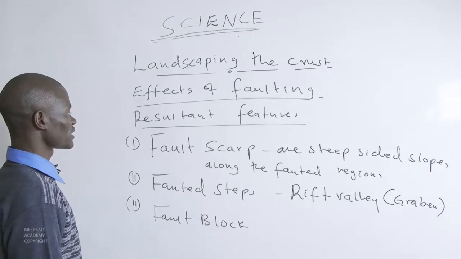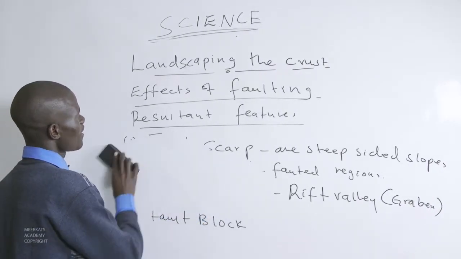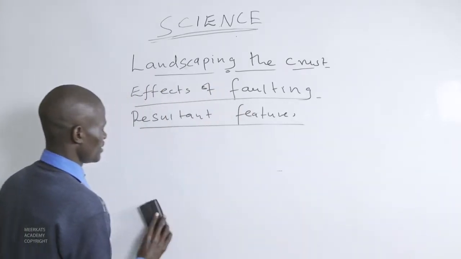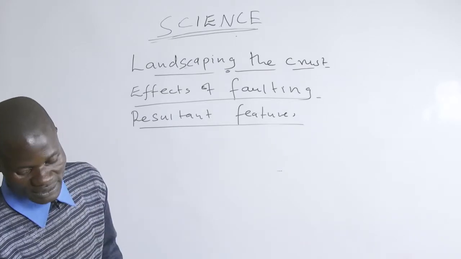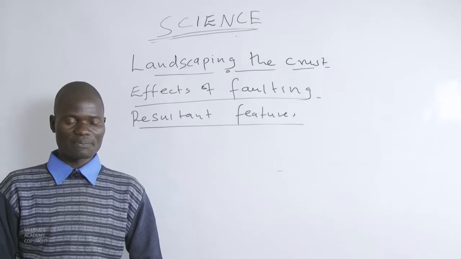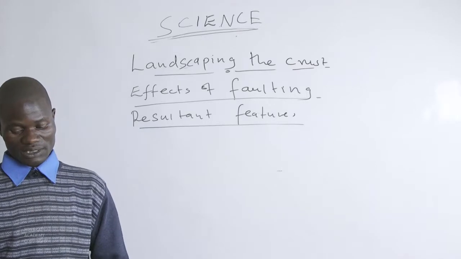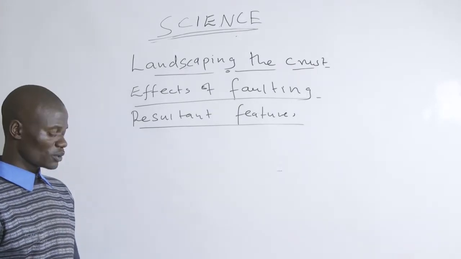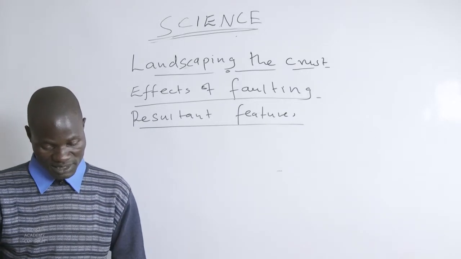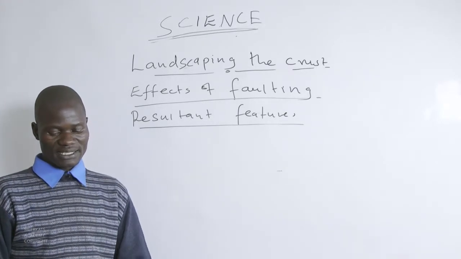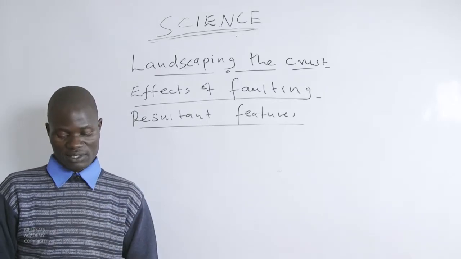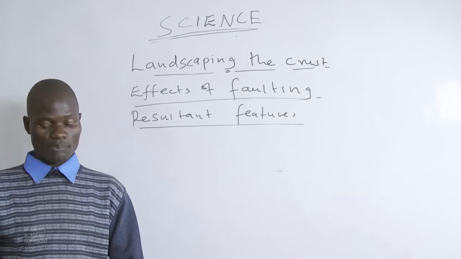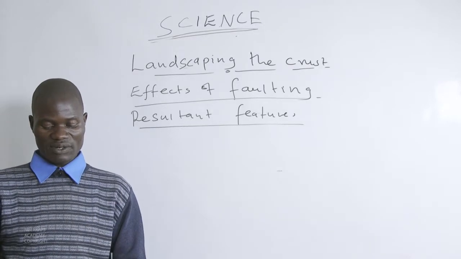Let's look at fault scarp. I've already indicated that fault scarps are the steep-sided slopes found along the faulted region. We also refer to them as the escarpment. This exists especially on the walls of the Rift Valley and over the areas where parallel faults have occurred.